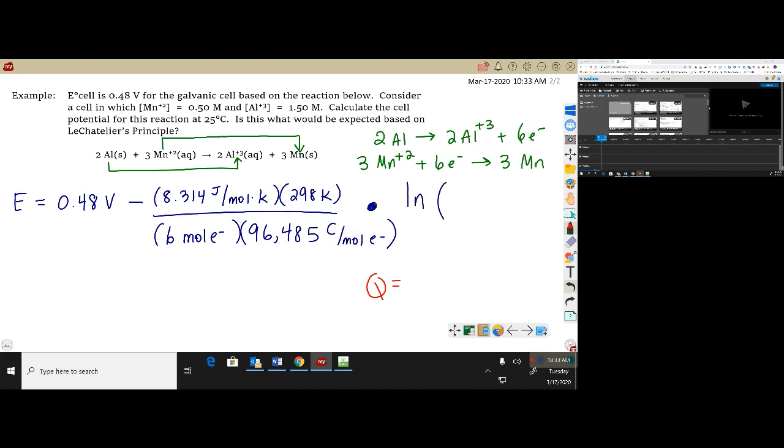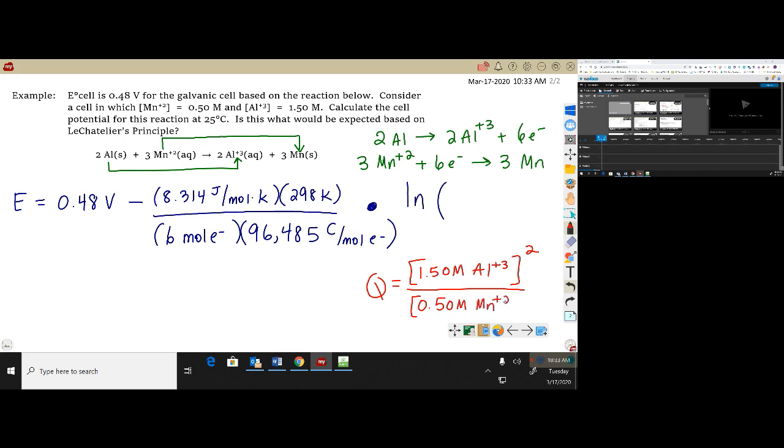Q will be the concentration of the aluminum ion. I can use 1.5 molar aluminum +3. And then we raise that to the coefficient from the balanced equation, 2. Products over reactants. The 3 moles of manganese, and the manganese is now 0.5 molar.